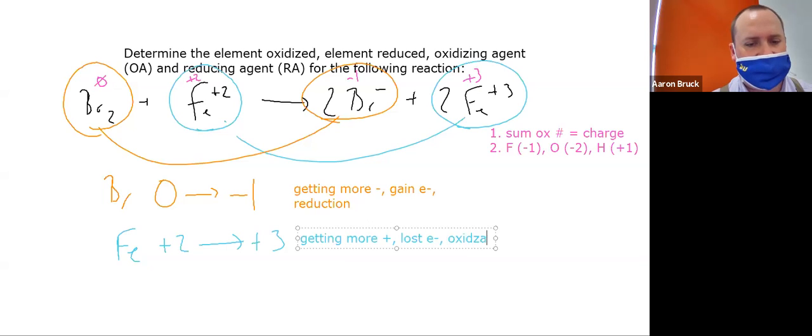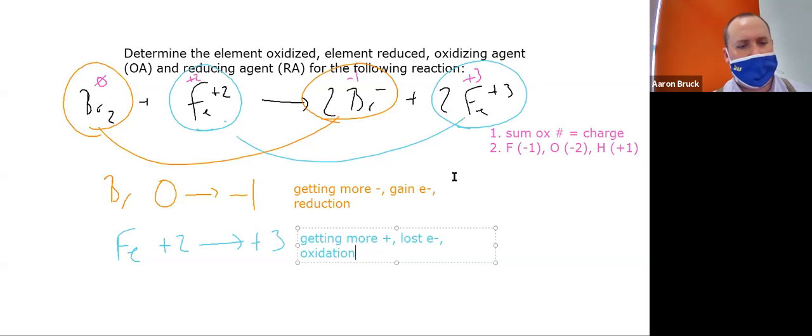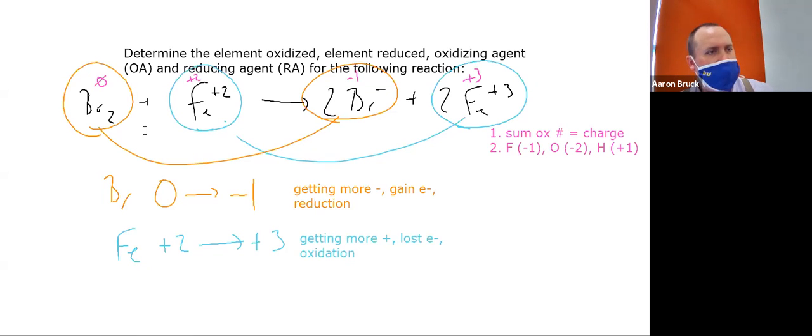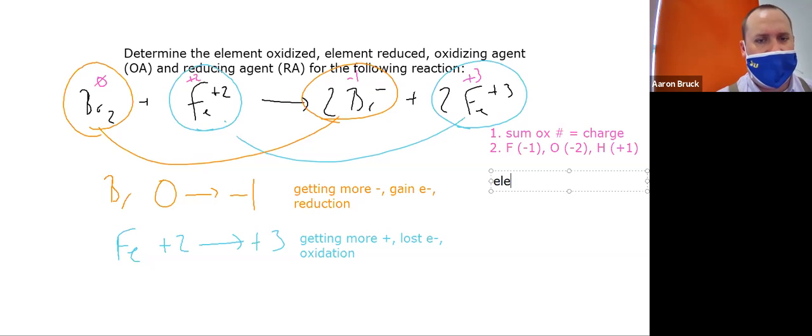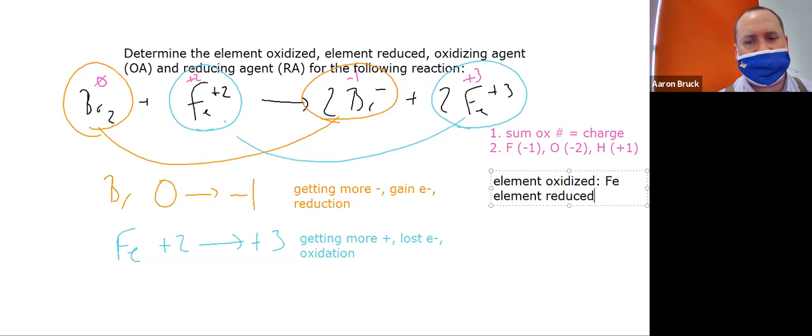That is oxidation. So from that perspective, I can start to put together some of my answers. The element that was oxidized was the iron. The element that was reduced was the bromine.